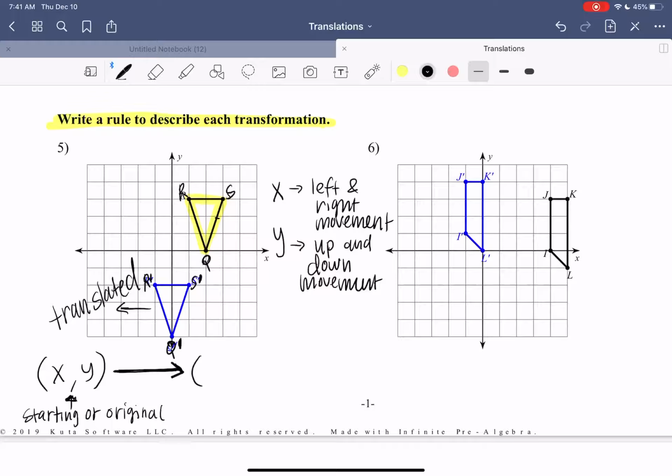Hopefully that makes sense, because we have our Y right here, and then we have our X, which is horizontal, which moves left and right, and our Y that moves up and down.